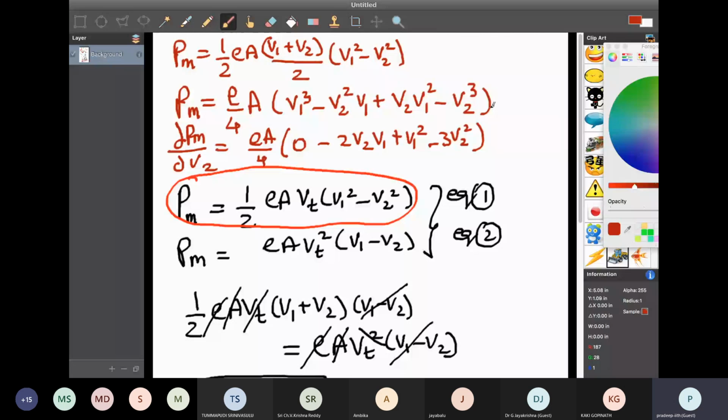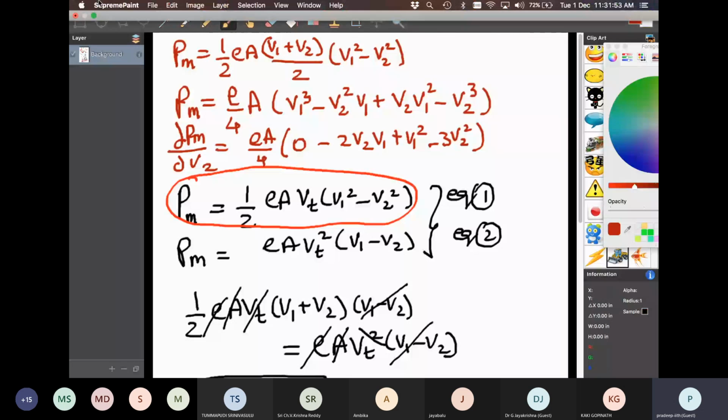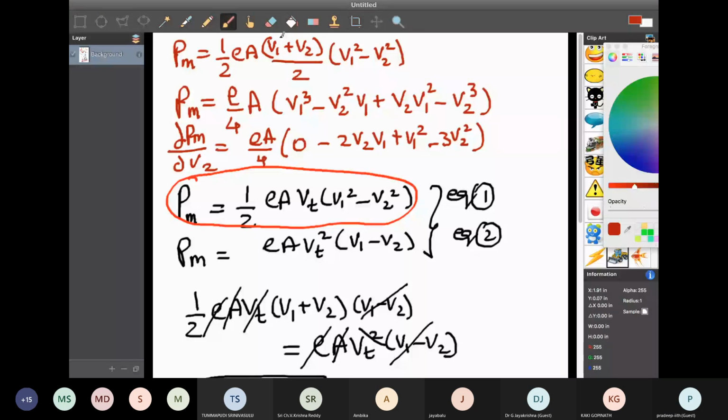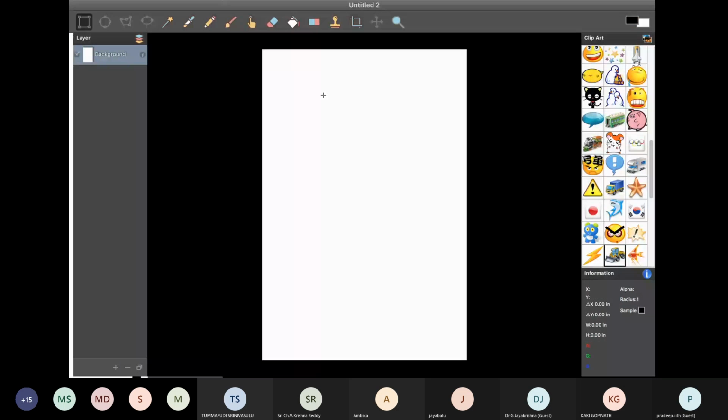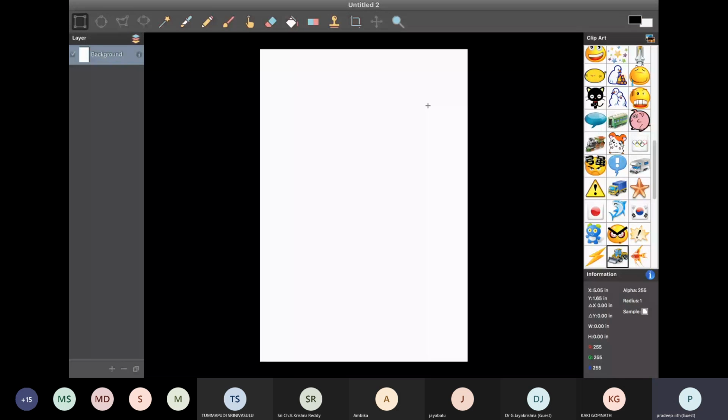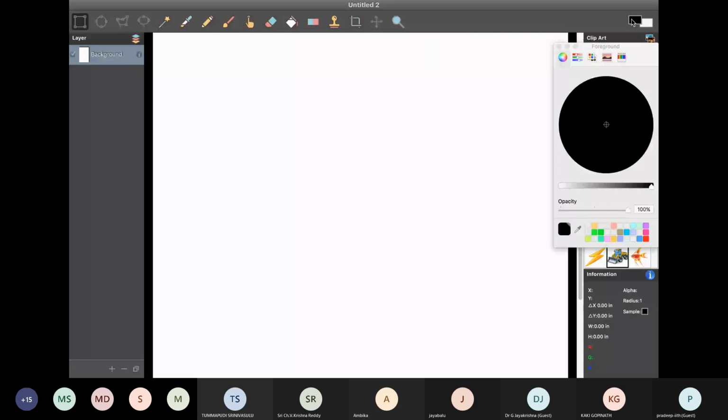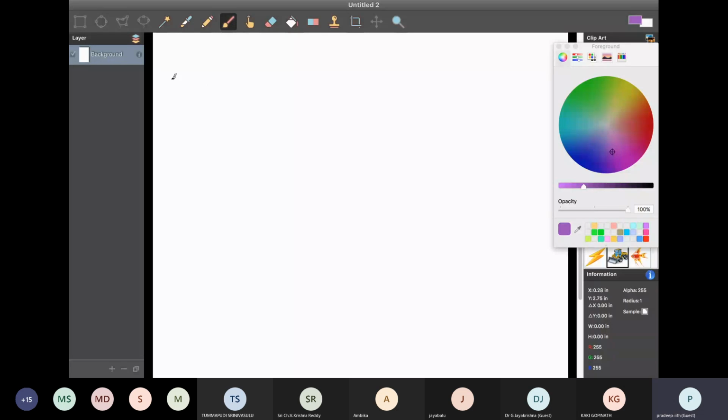So this is a differential equation, quadratic equation. If I go for a new file, I'm getting a quadratic equation something like this: minus 2 V2 V1 plus V1 square minus 3V2 square equal to 0.